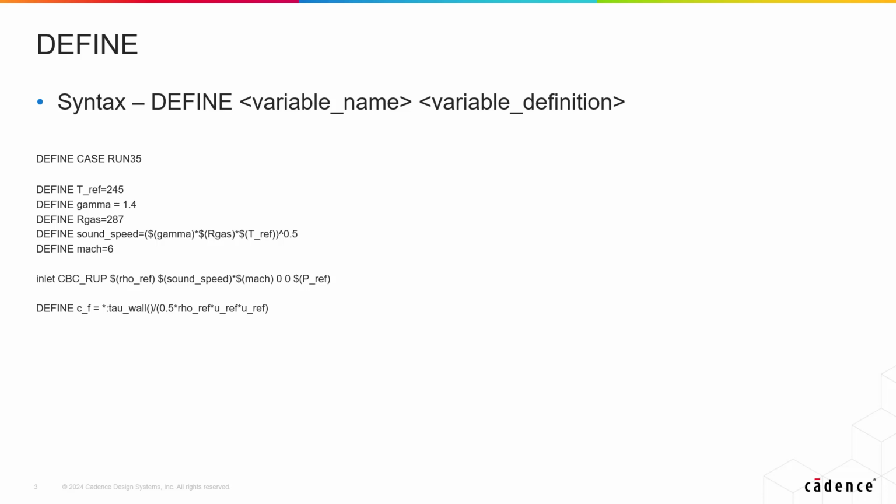For example, the user might want to give a name to the case or might want to define some reference quantities that can then also be used for calculating other quantities, like in this example, where the predefined quantities are used to calculate the speed of sound, which is then directly used at the inlet boundary condition definition. Additionally, the user can also create user-defined output quantities like skin friction in this case and use that for post-processing.